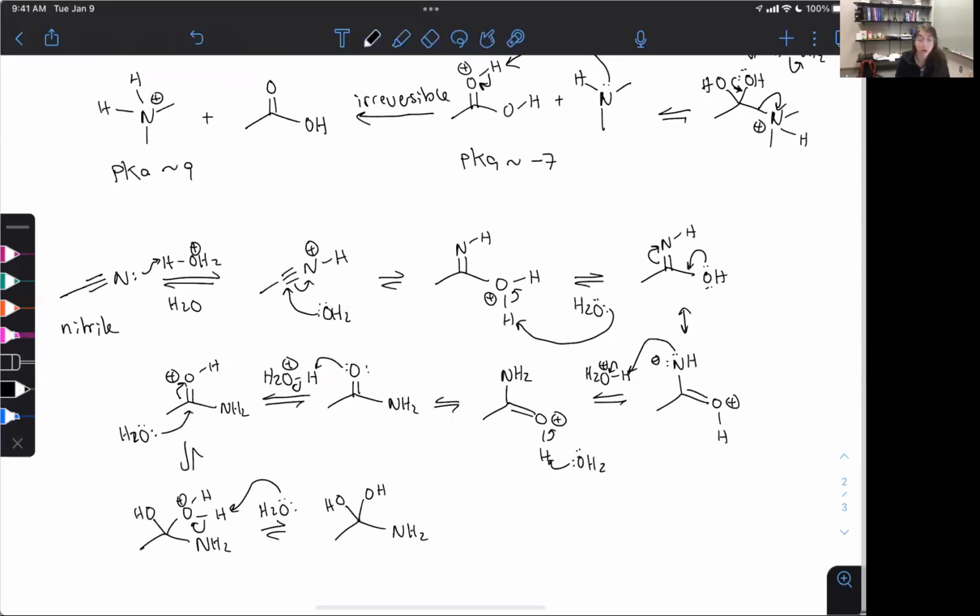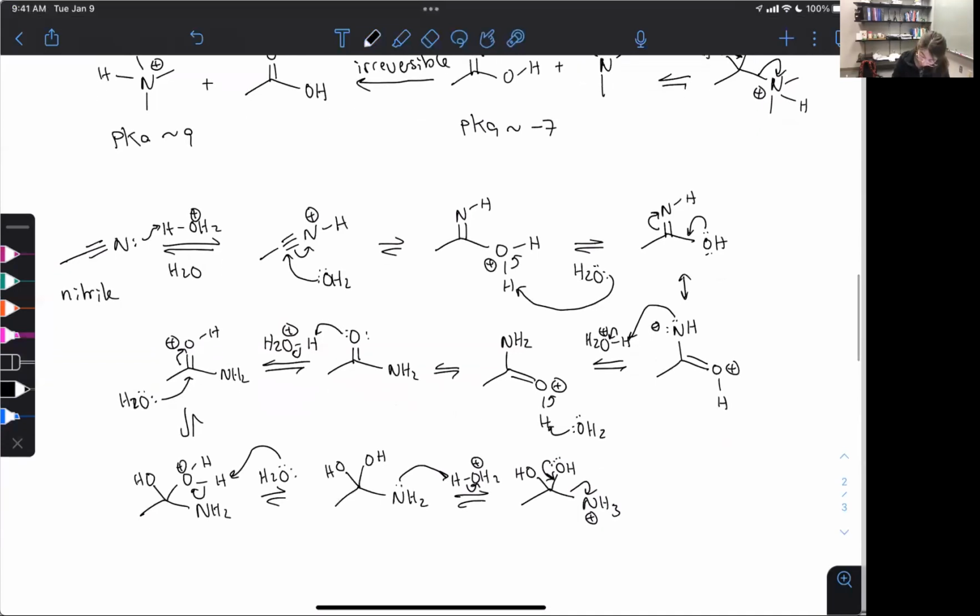Then I need to make sure that my nitrogen, my amine, is going to be a good leaving group. So we're going to go ahead and protonate that ahead of time so that it is. Now we're ready to go ahead and reform our carbonyl. Kick off our leaving group.